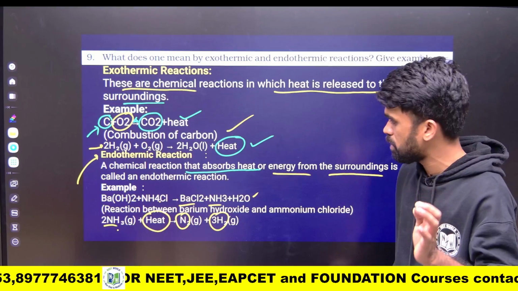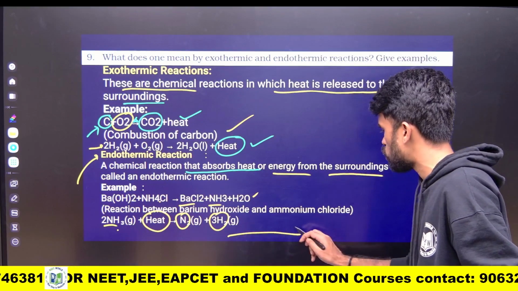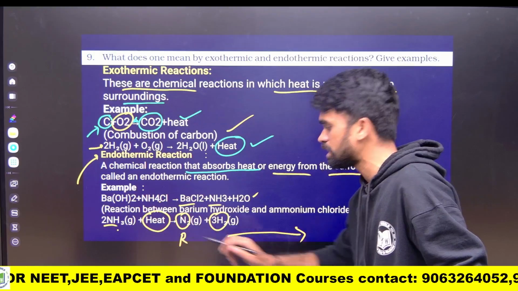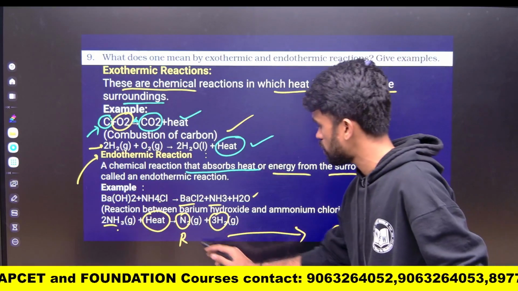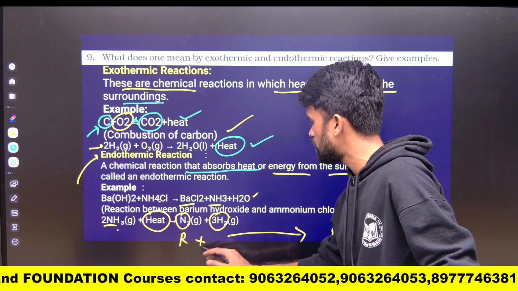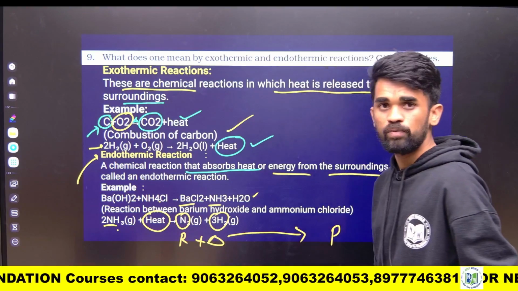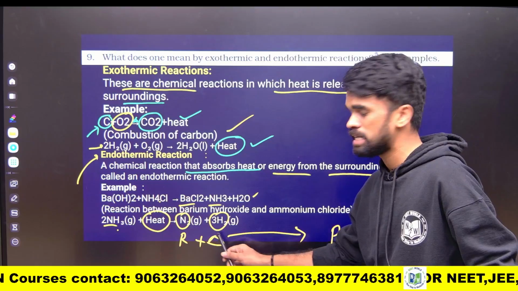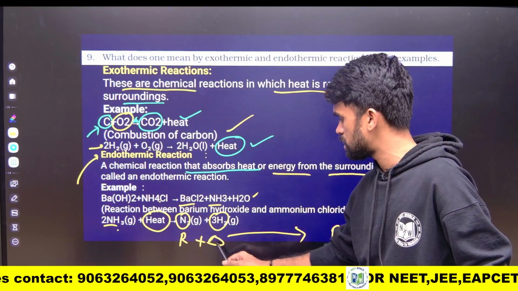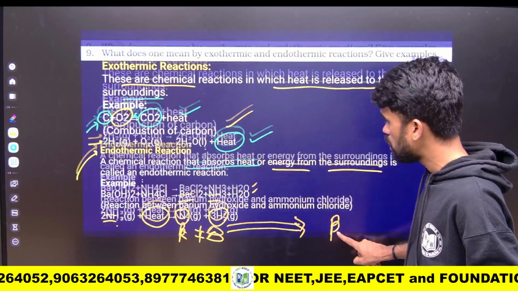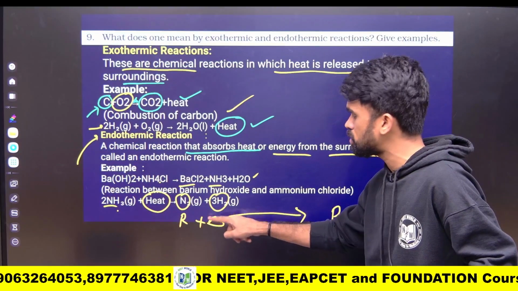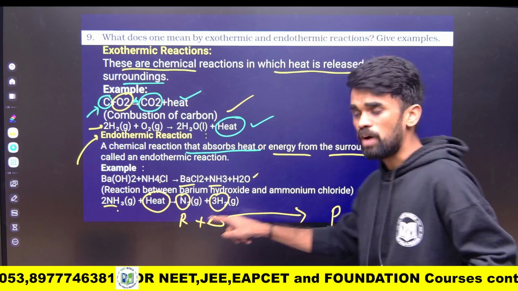Always remember, this is an arrow mark where we have reactants and products. For an endothermic reaction, the reactant will take some heat. Therefore what should I write? Delta represents heat; I am just using delta as a symbol to represent heat. By this, the reactant absorbs some heat and forms a product.